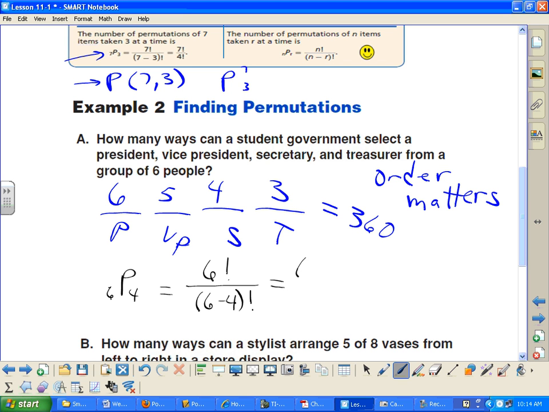So then I can do 6 times 5 times 4 times 3 times 2 times 1 in the numerator. And what's 6 minus 4? 2. So then 2 times 1 in the denominator. And so these cancel, and there we have our 6 times 5 times 4 times 3. And so I could have done it either way and gotten the same answer.